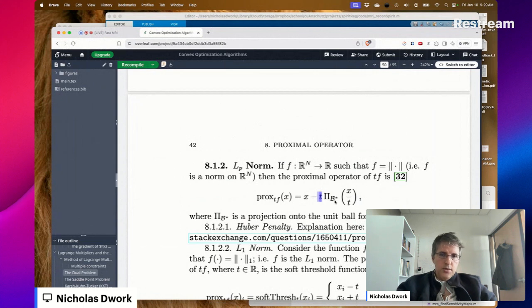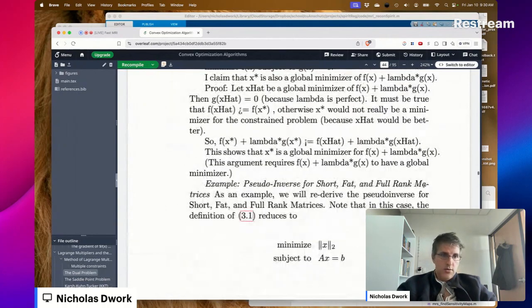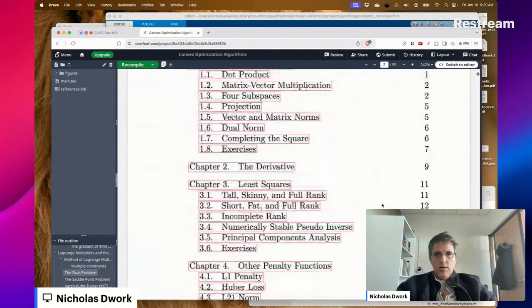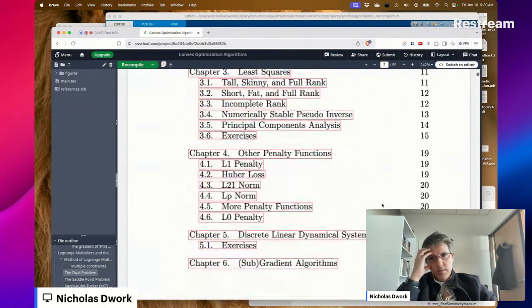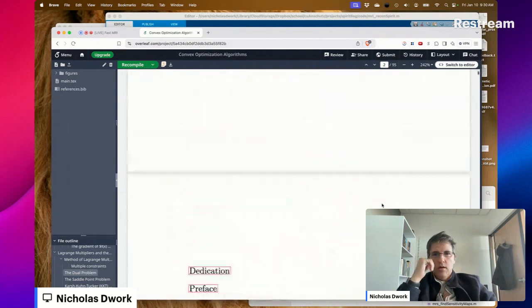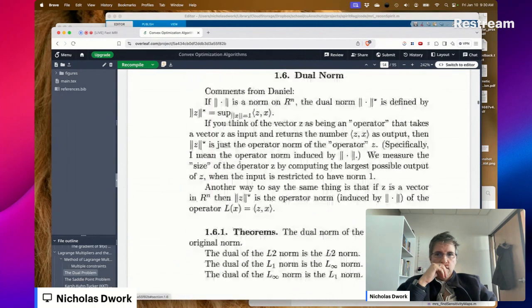I need to know the dual norm for the L2 norm. And I think the dual norm of the L2 norm is the L2 norm. Do I have notes on the dual norm? I would have thought, oh, dual norm, there you go.